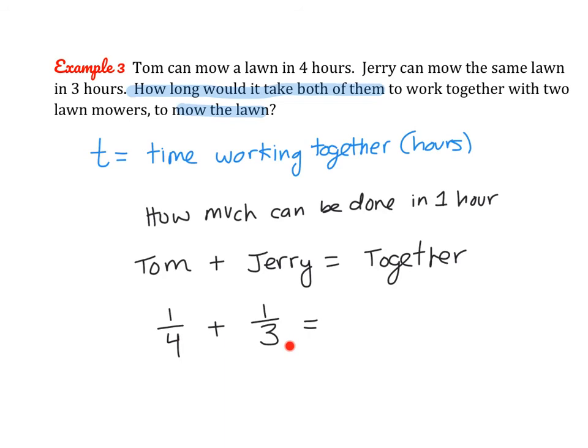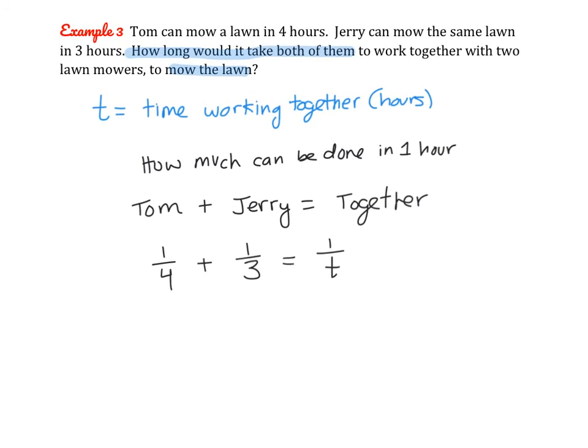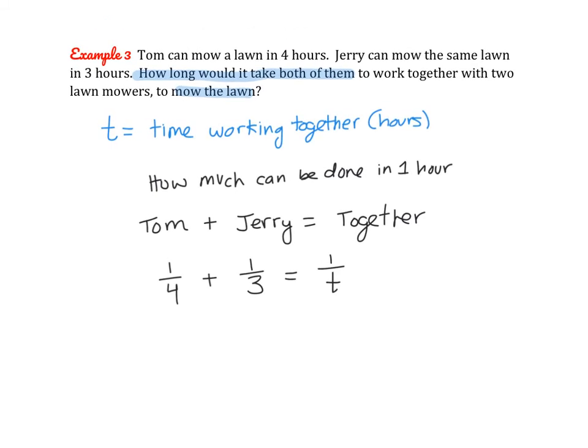And if you add those up, it should be the amount of the total job they did working together. So if it takes T hours for them working together, they've finished 1/T of the job working together. So again, here's the Tom portion, here's the Jerry portion, and then here's together, assuming that time is the time it will take them working together.